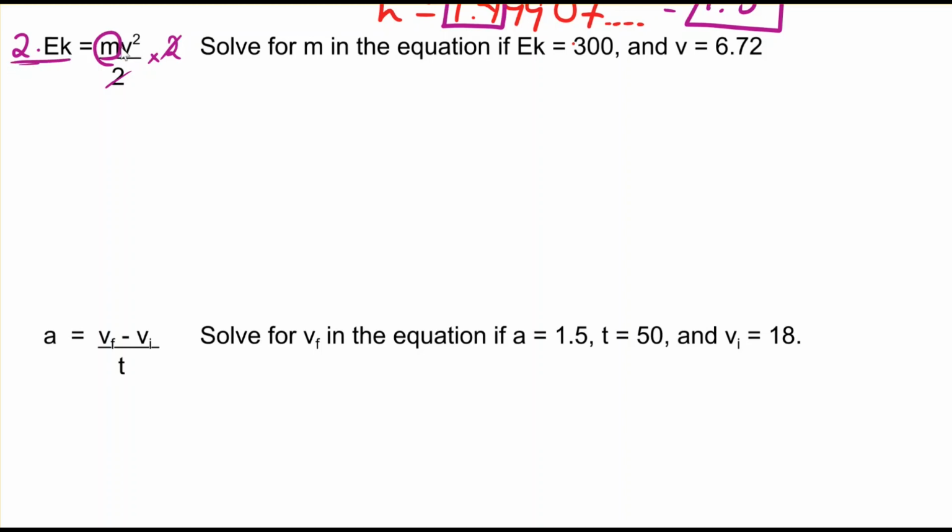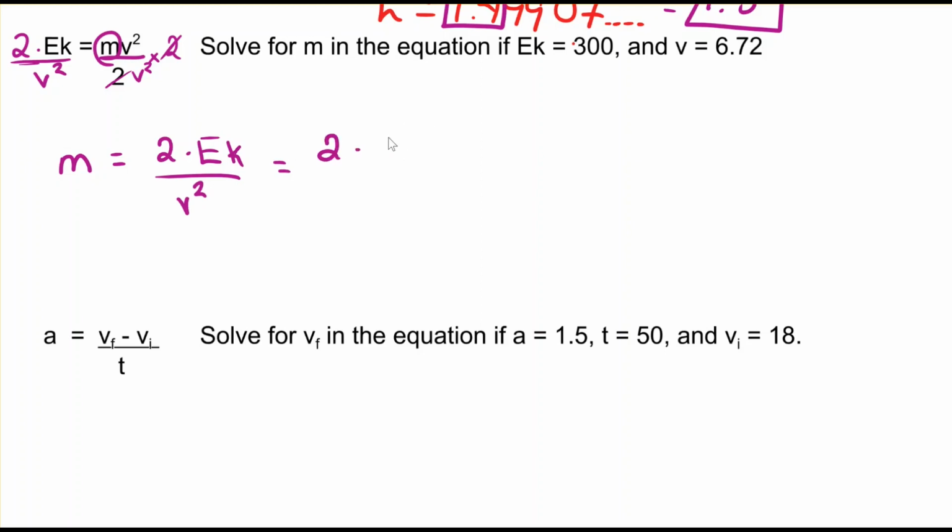And then we have to divide. M is being multiplied by V squared, so we got to divide by V squared. So M on one side, and then 2EK over V squared.